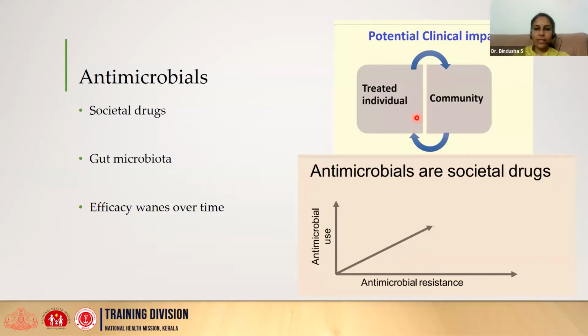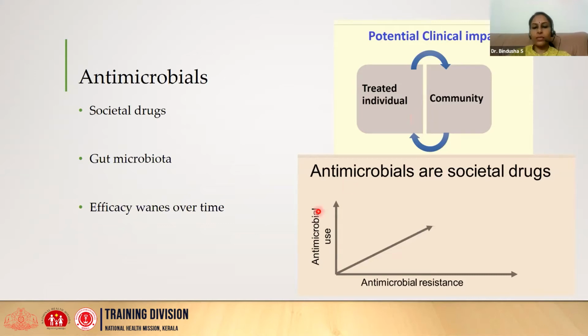Whenever the patient is treated with antimicrobials, this will also lead to some changes in the gut microbiota. There may be intestinal microbial dysbiosis, which can lead on to later non-infectious or non-communicable diseases, such as inflammatory diseases and asthma. And whenever an antibiotic is introduced into the community, all the microbes in the spectrum of activity will be sensitive initially, but over time, these microbes can develop resistance, and the efficacy of the antimicrobials will vary over time.